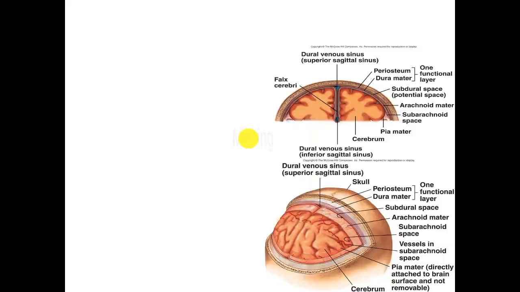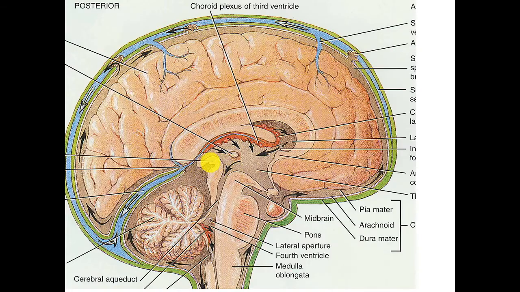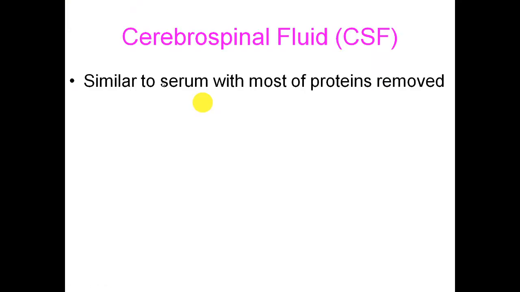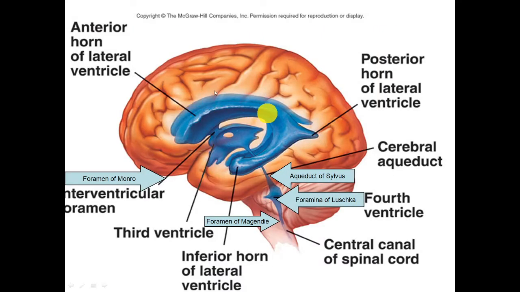But see, if I go back to this picture, you see how there's a red cluster of tissue in the fourth ventricle as well. That's the choroid plexuses of the fourth ventricle. The red clusters up here are the choroid plexuses of the third ventricle. And the lateral ventricles also have choroid plexuses.